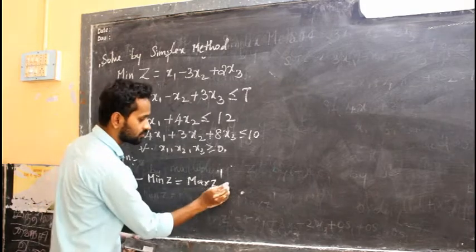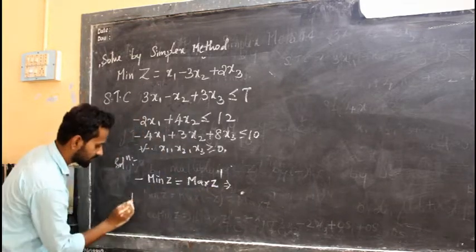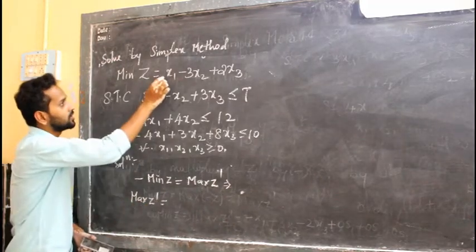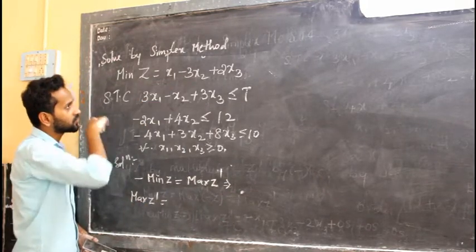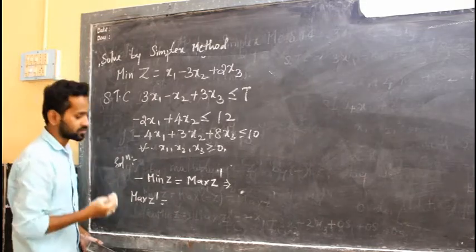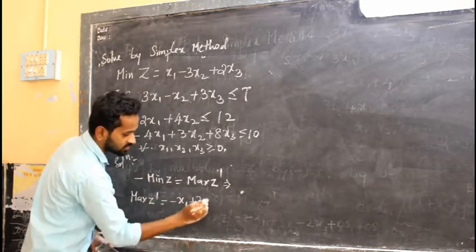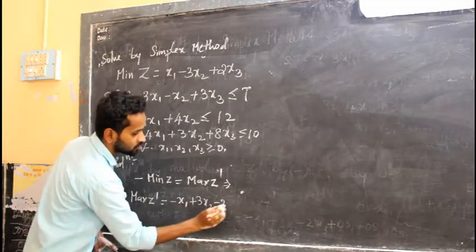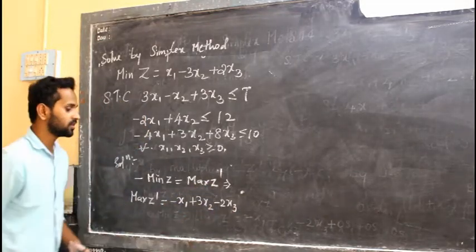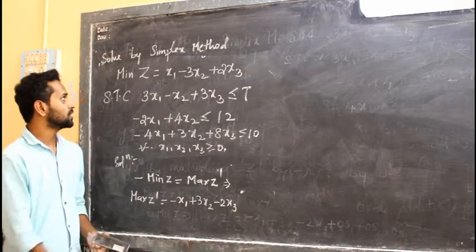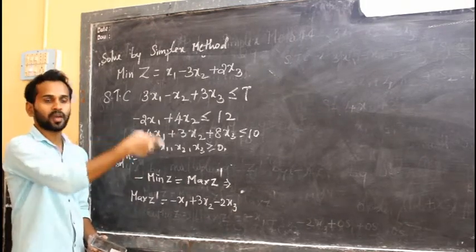This becomes maximum z dash equal to each and every term in the objective function multiplied by a negative sign: minus x1 plus 3x2 minus 2x3. This is my objective function after converting minimization to maximization.